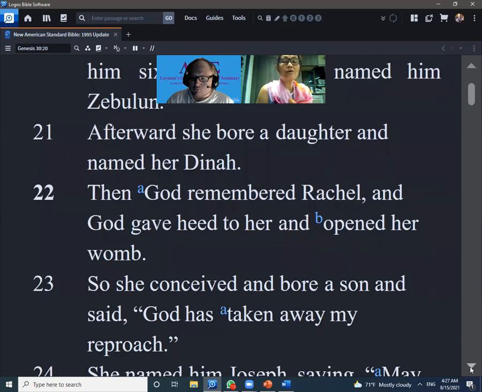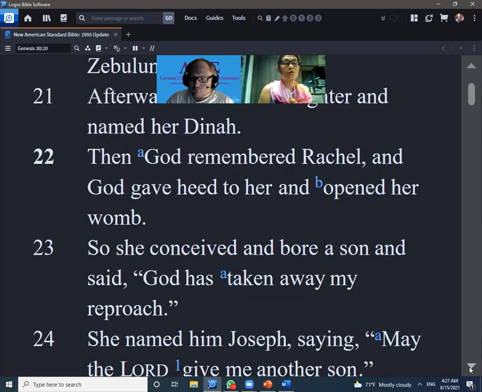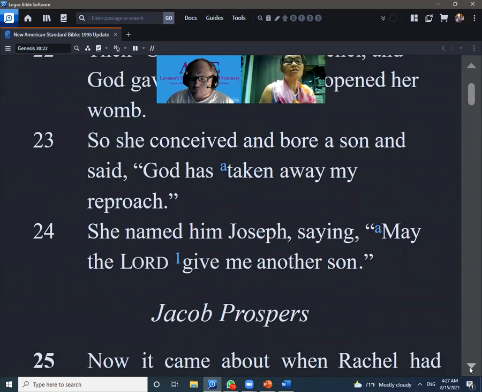After she bore a daughter and named her Dinah, then God remembered Rachel, and God gave heed to her and opened her womb. So she conceived and bore a son, and said, "God has taken away my reproach." She named him Joseph, saying, "May the Lord give me another son."